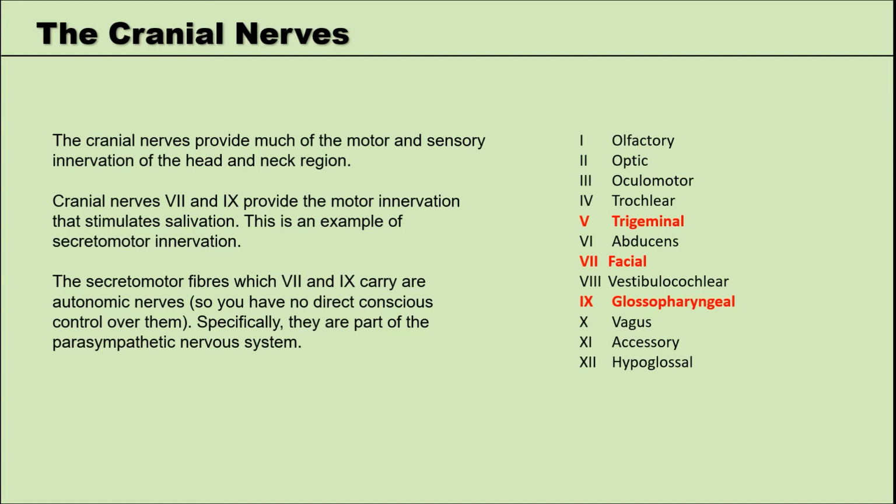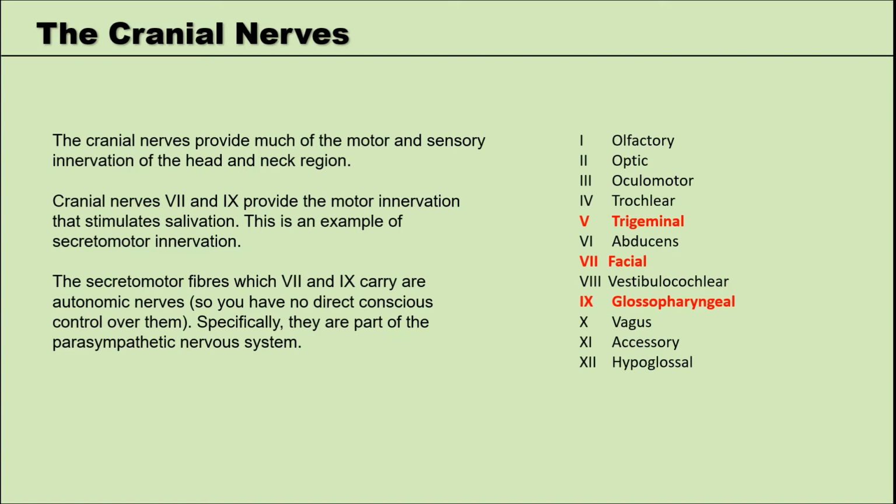The ganglion is present because it has to accommodate all of the cell bodies of the postganglionic fibres. Cell bodies are much thicker than the nerve fibres that come from them, so they take up a lot of space. When they are clustered together in one place, they form a ganglion.